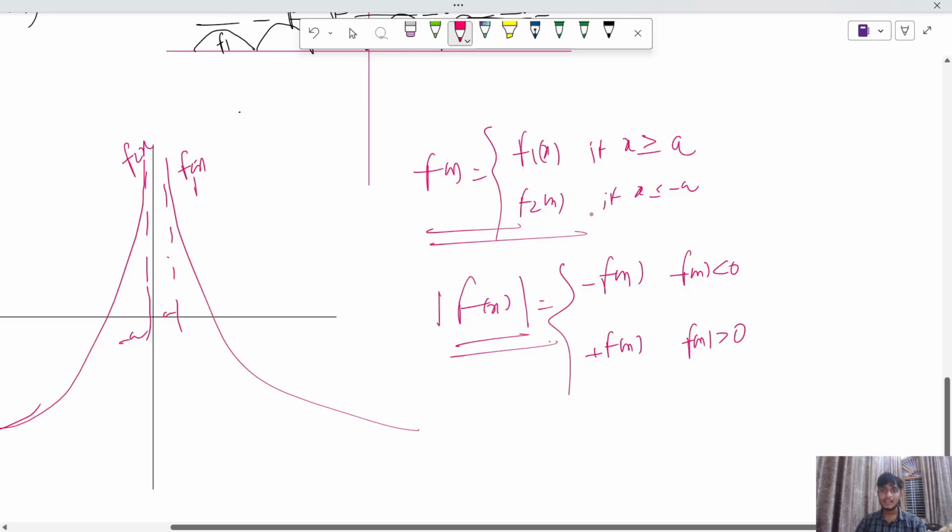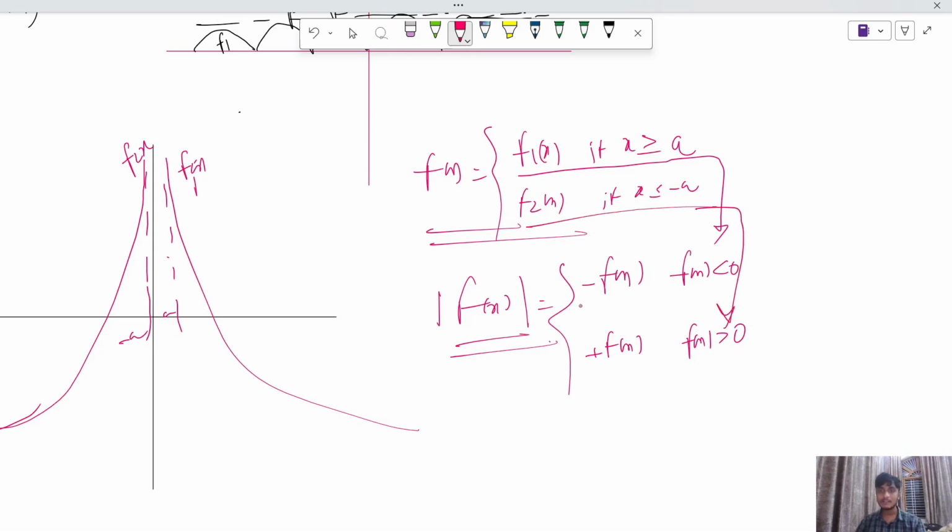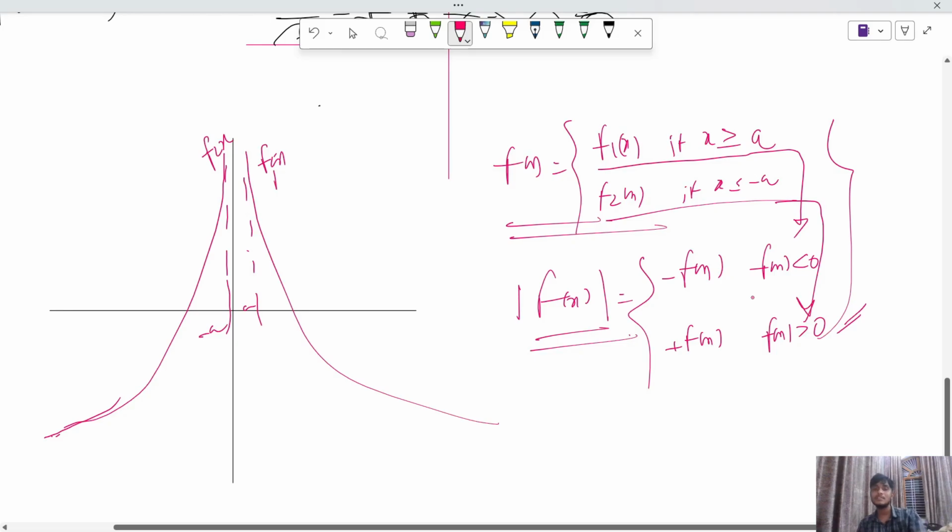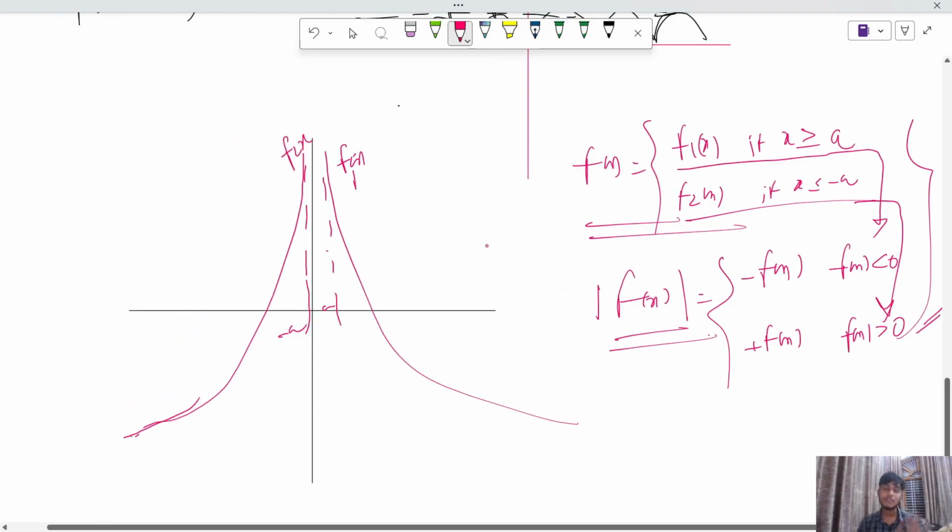Again f1 of x has to correlate here, and f2 of x here. But doing all this algebra will make things hectic, and there are some other tricks to make things easier, but let's keep it aside. Let's just focus on the graph, so you understand better.